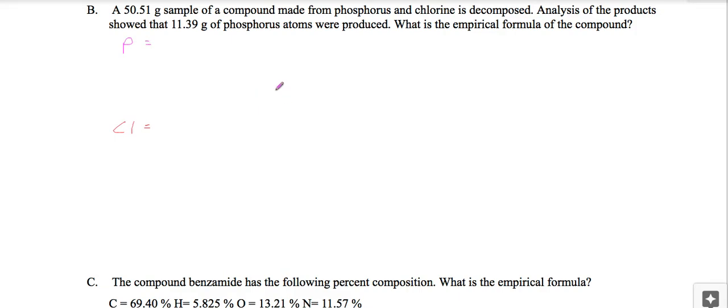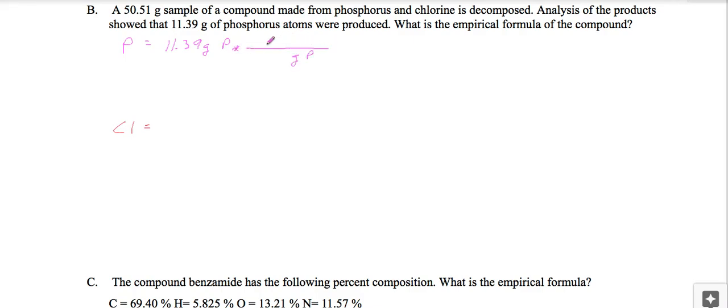So if we have masses, we don't have to worry about changing them into masses. We don't have to do a percentage thing and figure out what percentage of 100 grams is that sample, all that extra work. All we have to do is to use the mass that's given. Since we have 11.39 grams of phosphorus, we can just use 11.39 grams of phosphorus and convert that into moles.